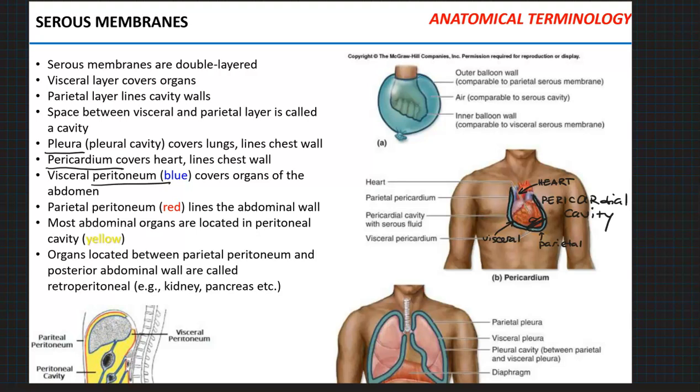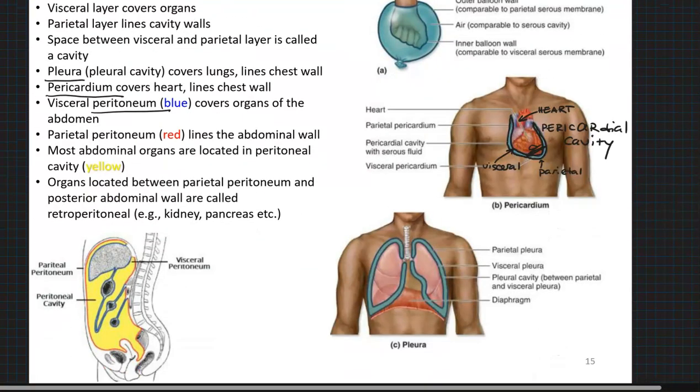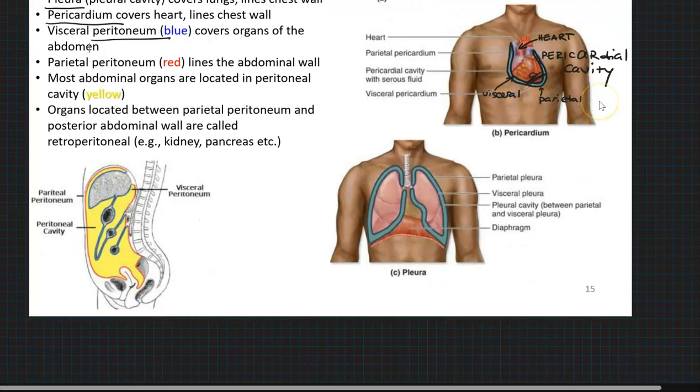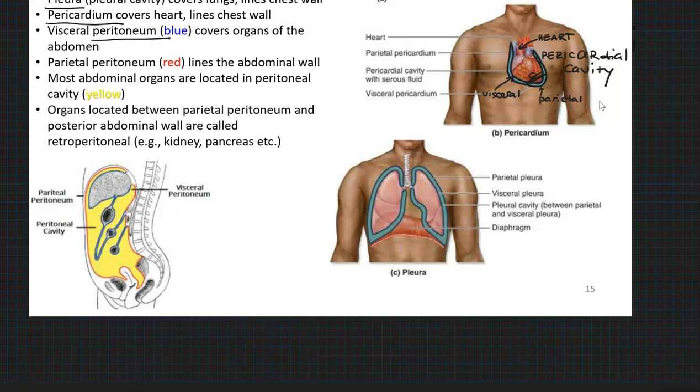Visceral pericardium covers the heart. Parietal pericardium lines the pericardial cavity. And in the peritoneal cavity, visceral peritoneum covers the organs and parietal peritoneum forms the cavity lining.